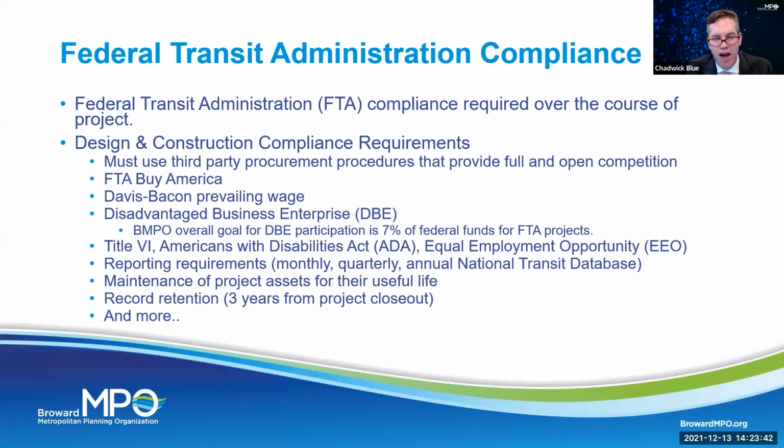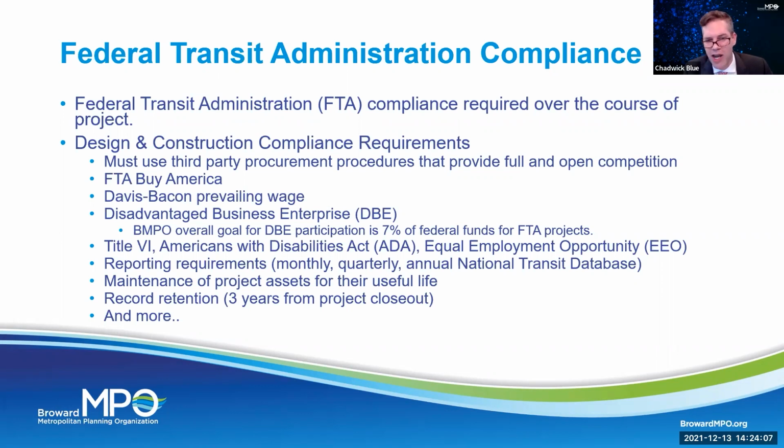So if you're not familiar with them now, we expect you to be once the project is delivered, and we're here to help you. But again, we need to make sure that you have your eyes wide open going into the project, knowing what's expected of you. In addition to the aforementioned items, there's also reporting requirements. There's monthly reporting, and then there's also quarterly reporting that's due.